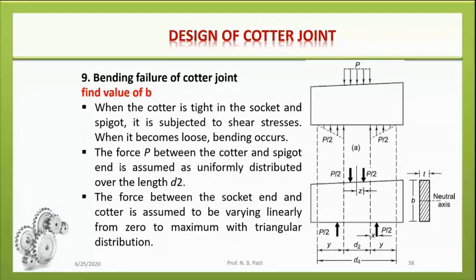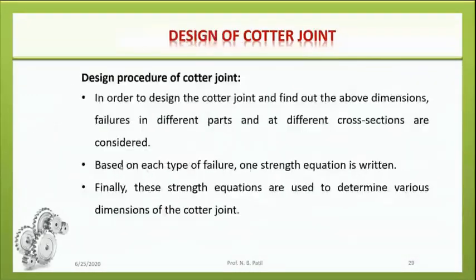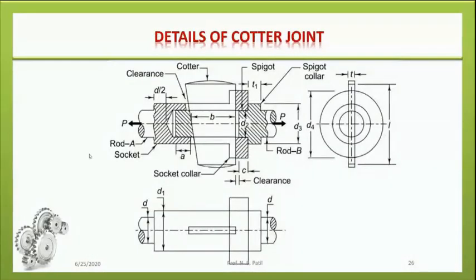Loose means we provide a clearance over there. Let's see where that clearance is present in our actual diagram. Focus, this is the clearance that we provided. If we provide such a clearance, then this Cotter is subjected to bending also. Understand?